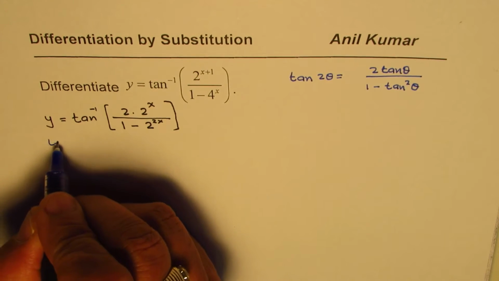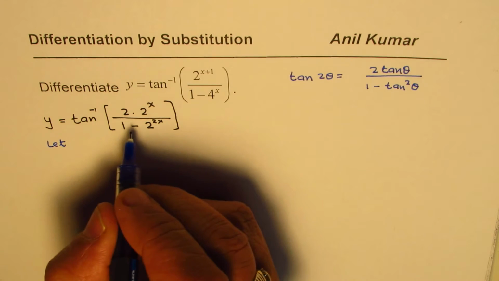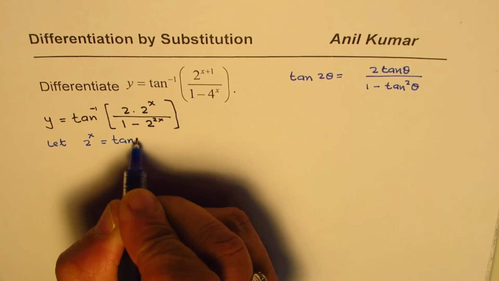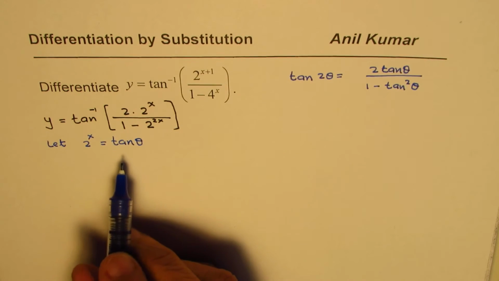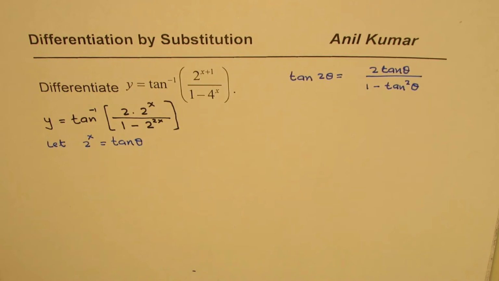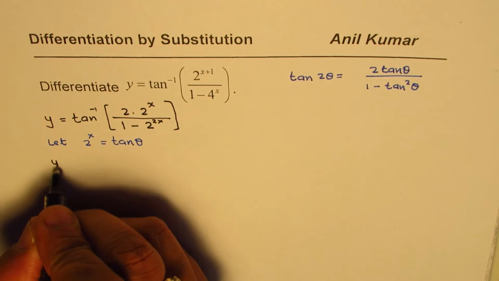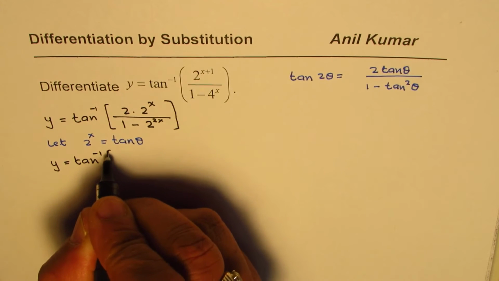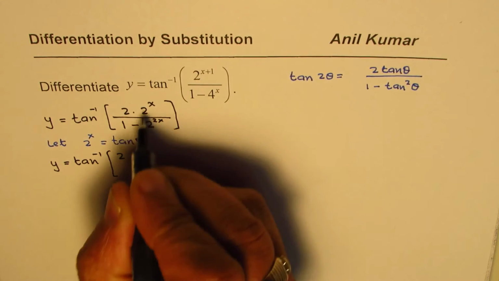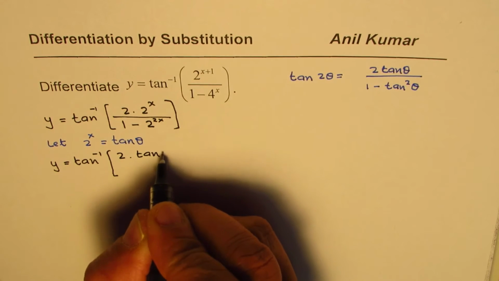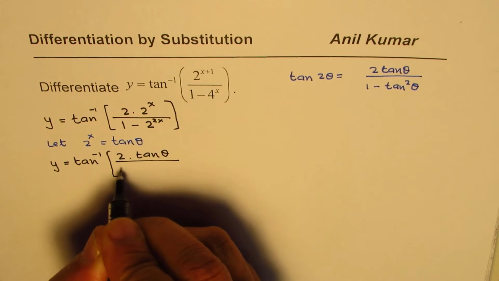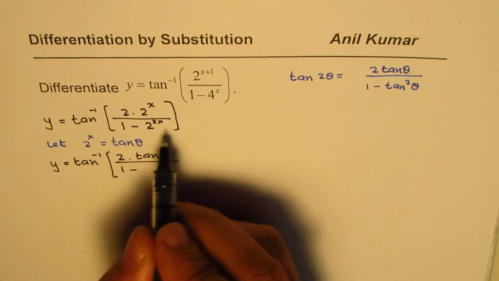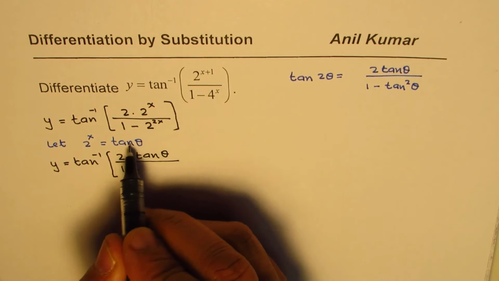So let 2 to the power of x be tan theta, right? So that is a substitution for us. We can now write down the question in terms of theta, which will be tan inverse of 2 times tan theta, divided by 1 minus tan square theta, since 2 to the power of x is tan theta.